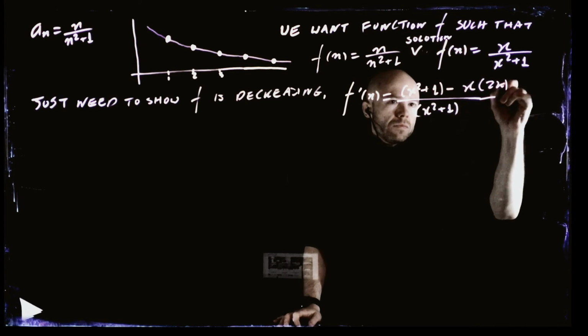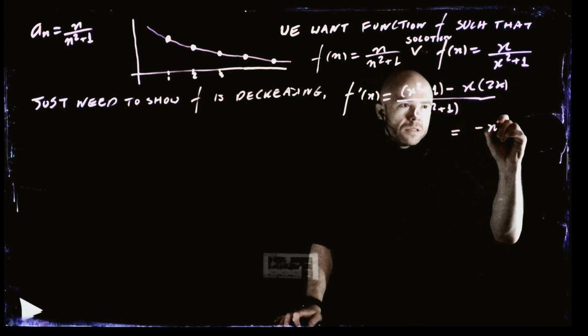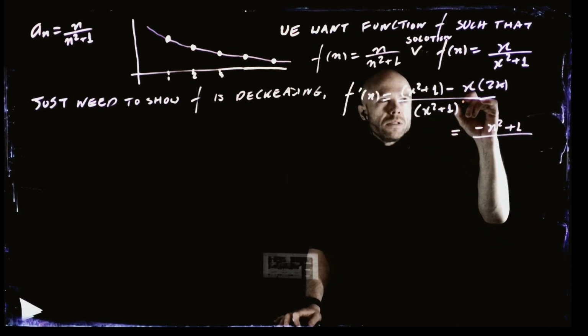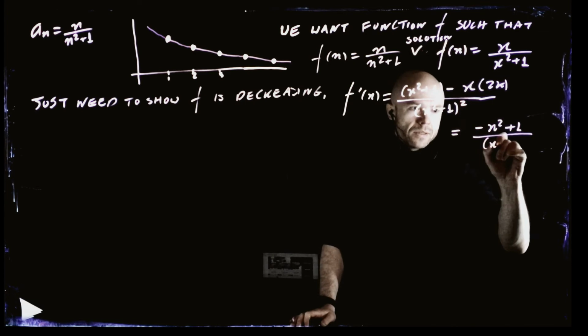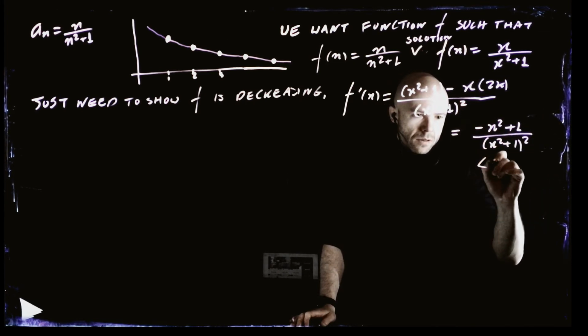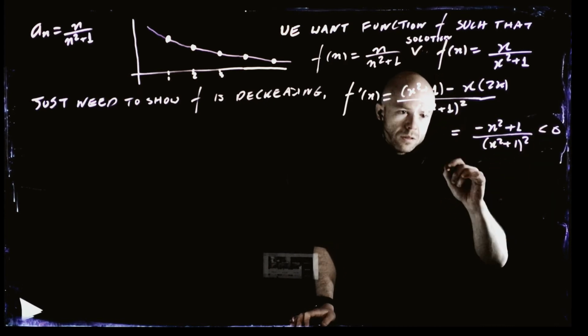Yeah? So what is that? We're going to have minus x squared plus 1, over everything squared, over x squared plus 1 squared. And this is indeed less than 0. This is less than 0 for all x bigger than 1.